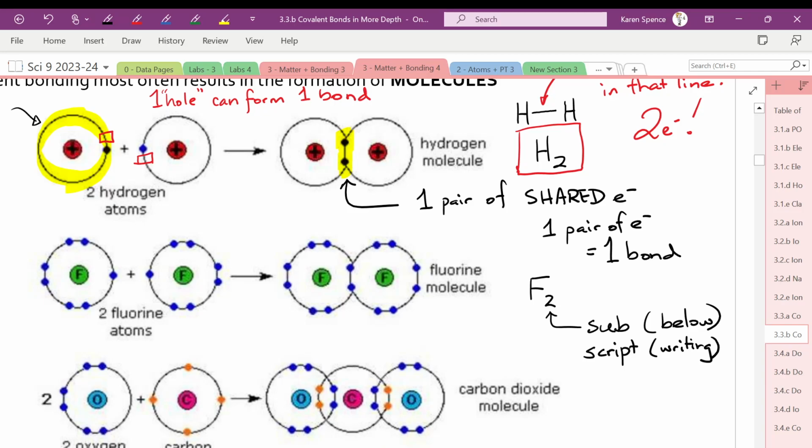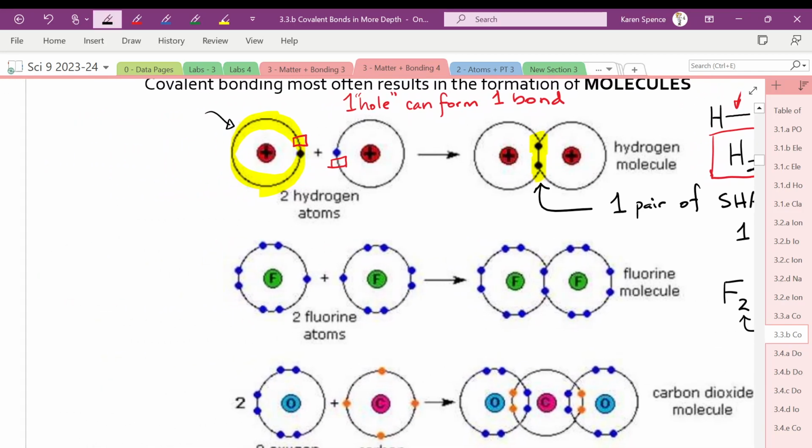Now, I don't know if you remember, but fluorine is in row 2. In other words, it is in period 2. And therefore, it is going to have 2 occupied shells, okay?